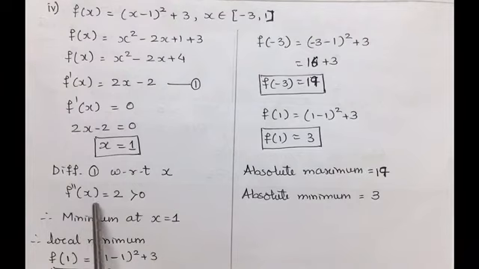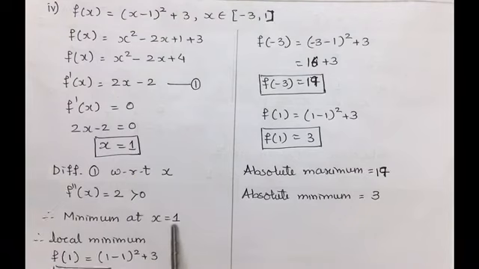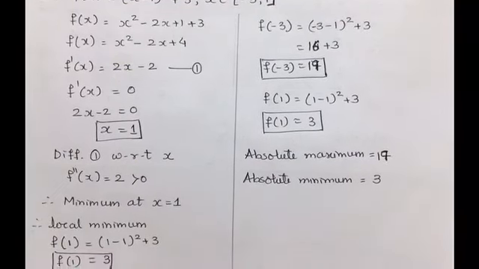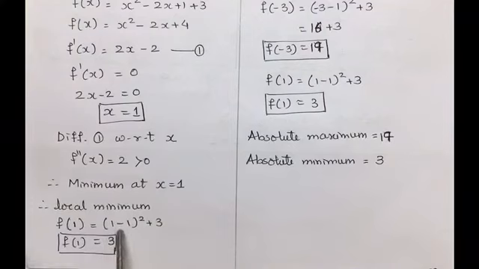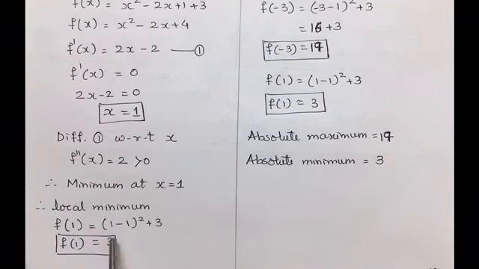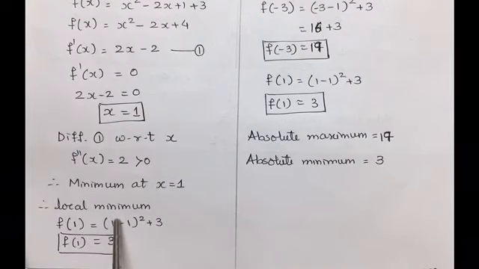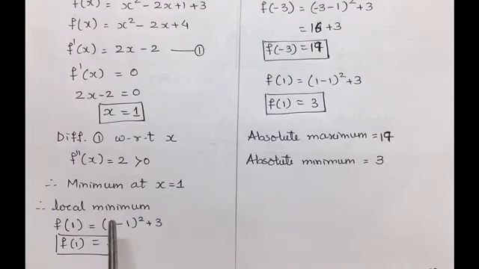So f double dash x is equal to 2, and as it is positive, greater than 0, it becomes a minimum at x equal to 1. Now calculating the local minimum, f of 1 is equal to 1 minus 1 whole square plus 3. So f of 1 becomes 3. For finding the local minimum, we substitute the value of x equal to 1 in the function f.